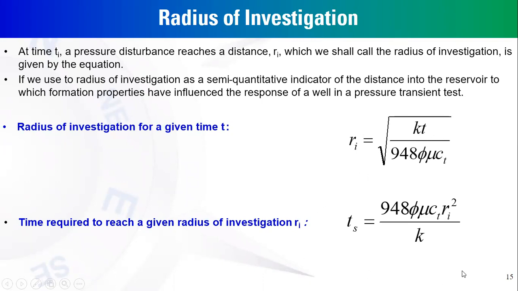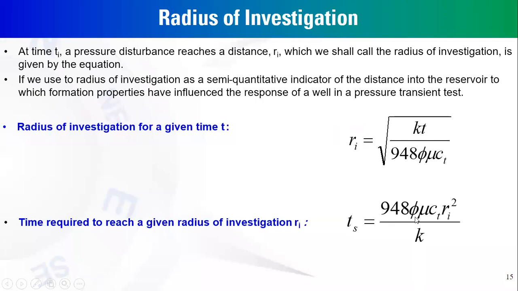Also, we can identify the time required to reach a specific radius based on the reservoir permeability and the fluid properties. The most important fluid properties for well testing interpretation are the total compressibility and the fluid viscosity.